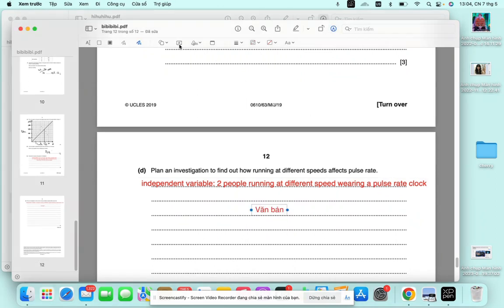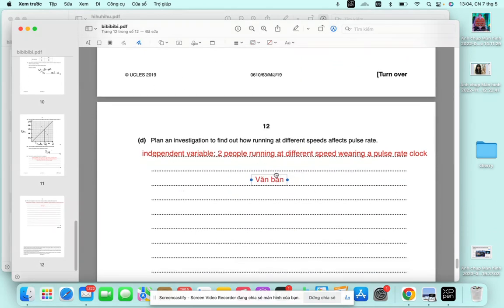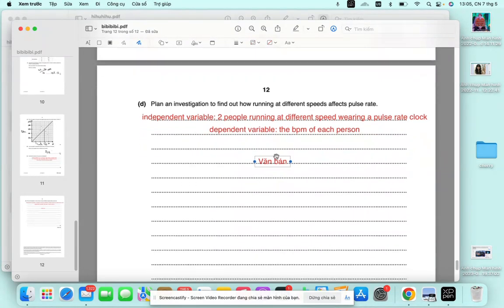The dependent variable we would measure is the BPM of each person, and we're going to have a set time as a control variable, the time that the 2 people run.